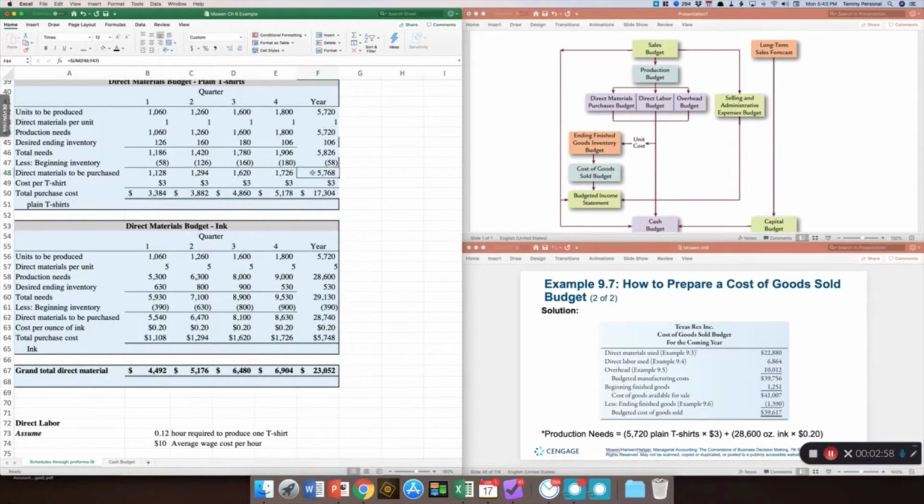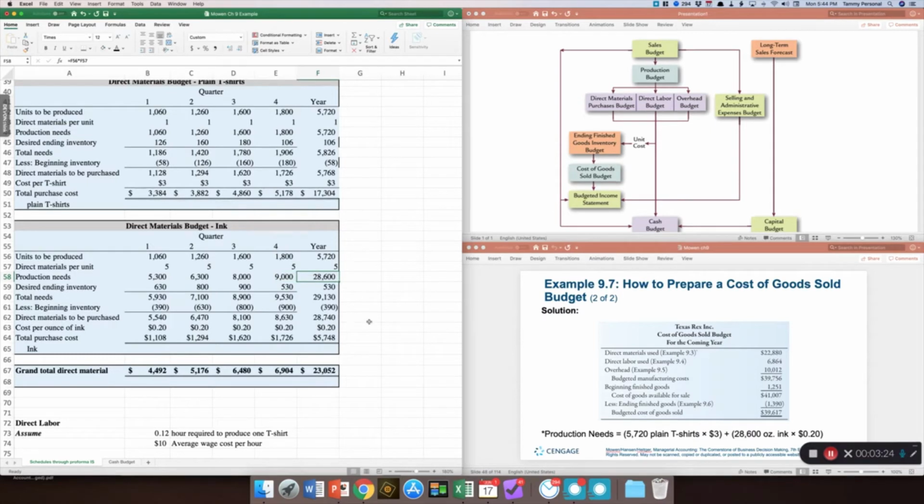So we bought a little bit more than what we actually needed, but what we actually needed and used in production was 5,720, and the rest of it was for inventory left over. And likewise, our production needs for the ink is this row here, and that's that 28,600.